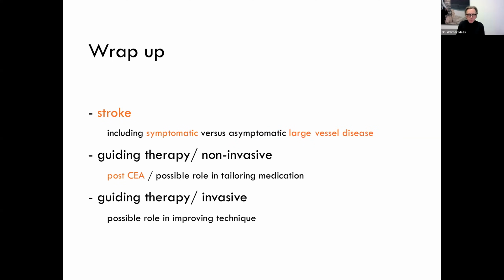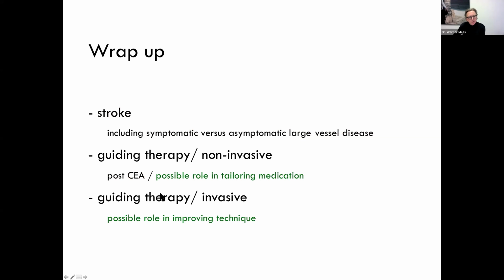This is number two: using microembolic signal detection in patients with stroke, having symptomatic large vessel disease or not. In both cases, it might be a good idea to do it, and also post-carotid endarterectomy. And this is the third group. The first topic, the possible role in tailoring medication, might be interesting for a lot of people.